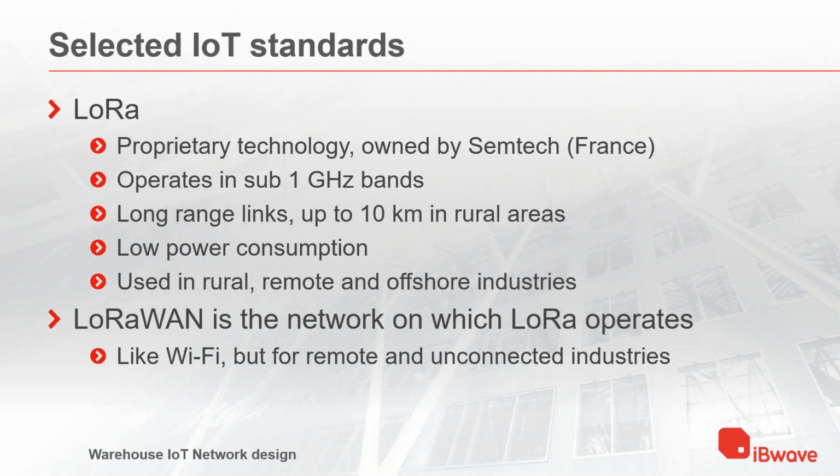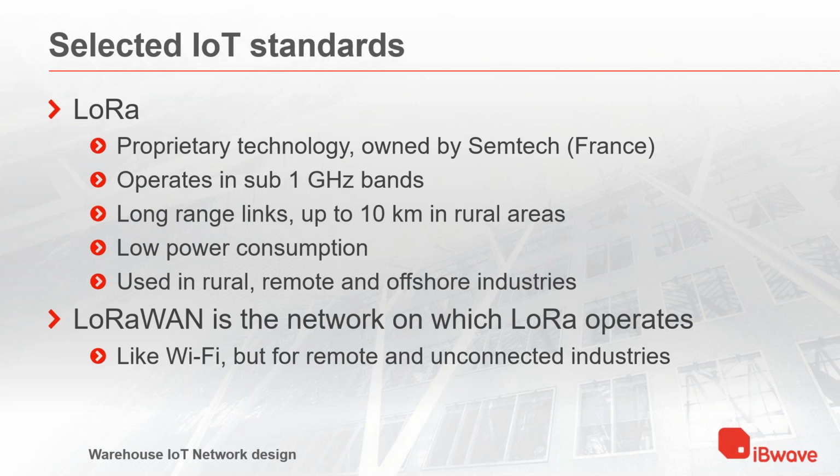So the first technology I would like to address is LoRa. As I mentioned earlier, this is a proprietary technology, developed by Semtech in France. It operates in sub-1 GHz bands, and it can support long-range links up to 10 kilometers in rural areas.